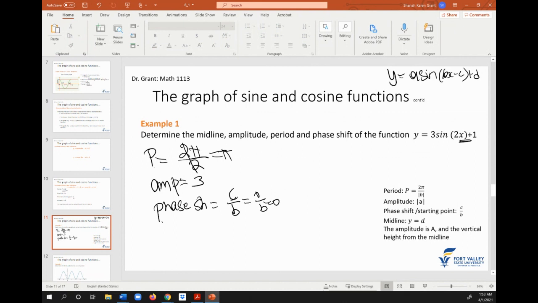This graph did not move from the origin. Lastly, your midline is going to be y equals d. Here, d is 1. All right, so now putting all of this together, let's graph this function. Of course, you can use whatever x values.